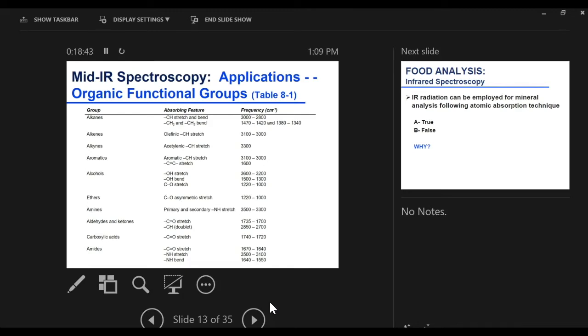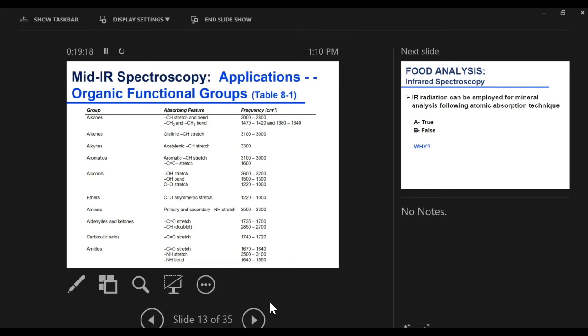Same with aromatics, which have different functional groups that stretch, alcohols, and so on. This gives you the frequency at which these bonds vibrate. They are known in the literature. That's why we can use them as a strong identification tool for structural elucidation, because we know their wave numbers, so we can piece together the information and get structural identification of different compounds.